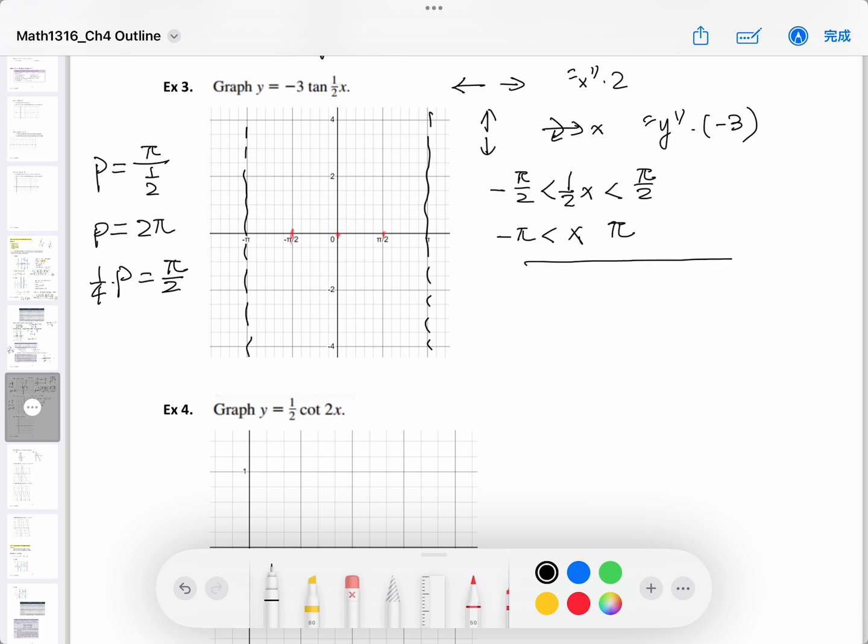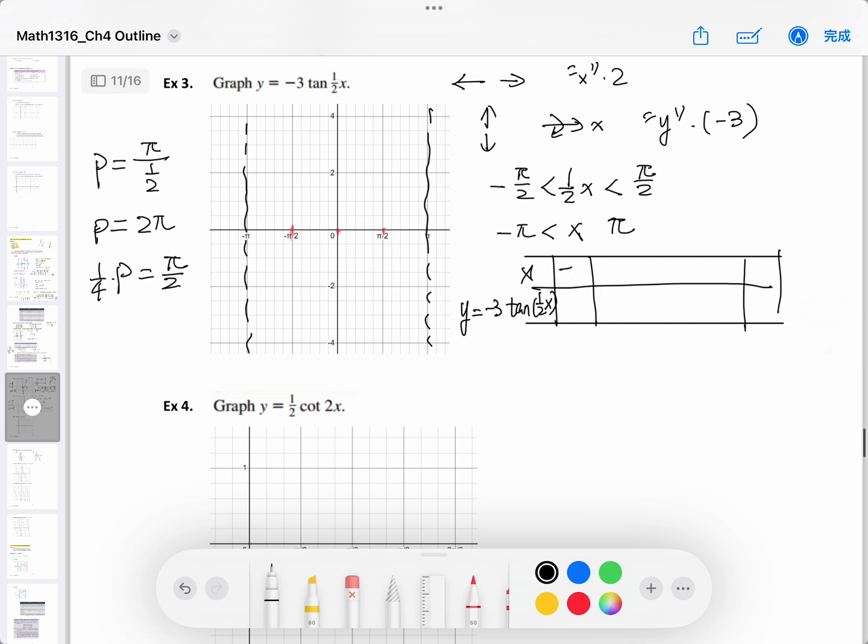Okay, if I'm listing a table, I want to make a perfect graph. X and y is equal to -3 times tangent 1/2 x. So the two vertical asymptotes are -pi and pi. We found them from the inequalities.